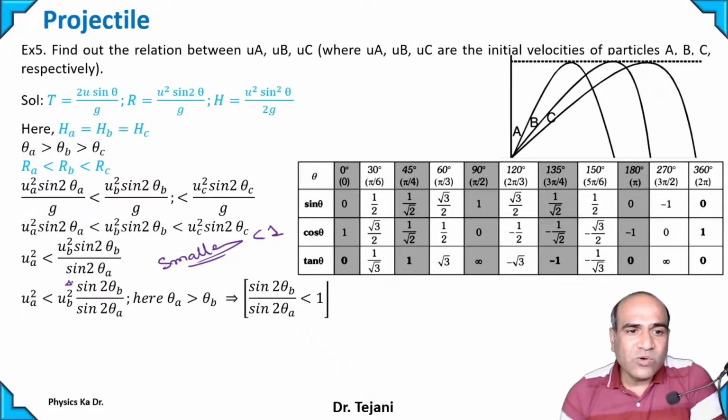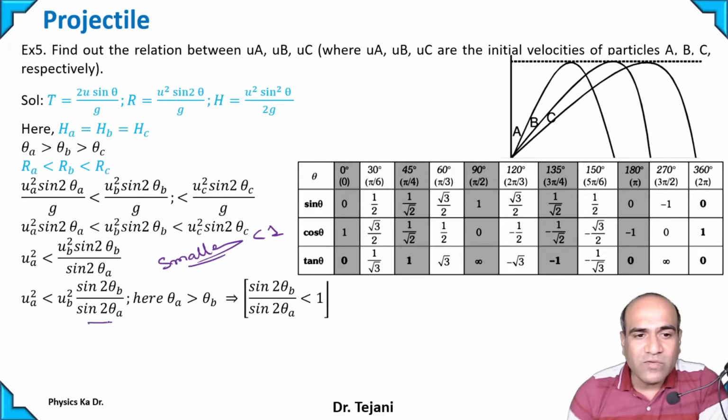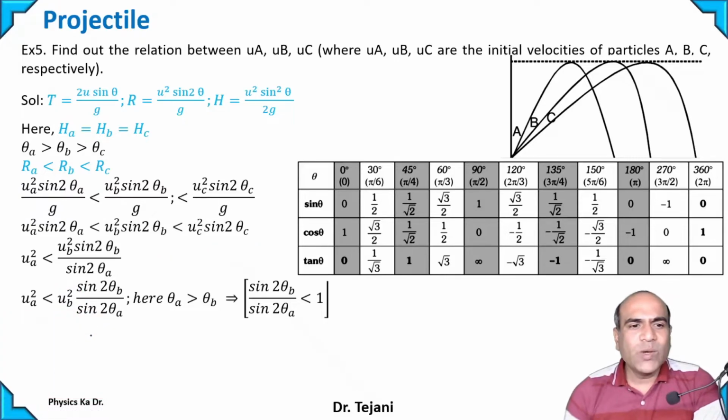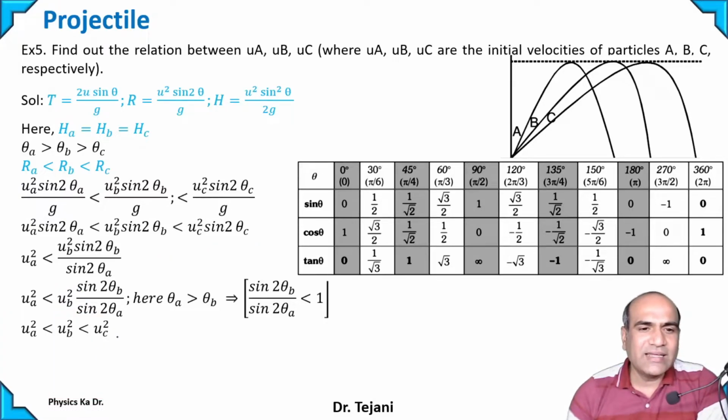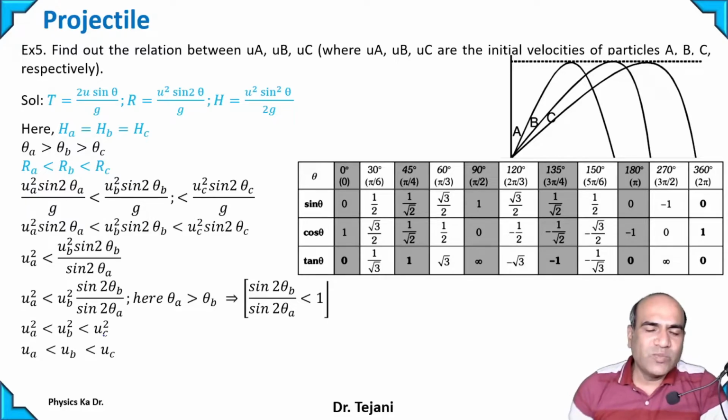Even though the multiplication with the smaller value is giving a bigger value of UB, it is ultimately multiplying with some lesser value, say for example 0.5 or 0.3 or whatever. That means ultimately this UB is even bigger than this. That's why ultimately you can write UA is less than UB is less than UC. You can remove the square. So UA is less than UB is less than UC.